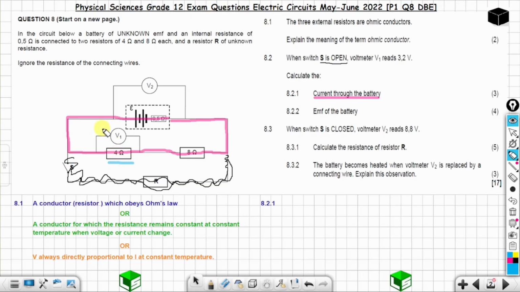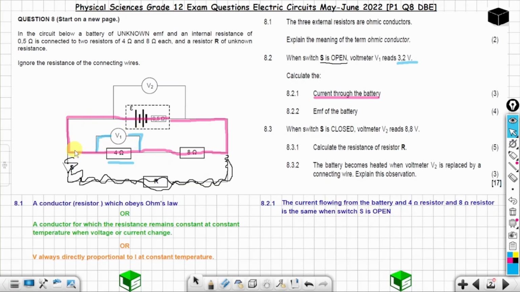So you can use the information that you have on this resistor. Since you have enough information, you know the resistance and you know the voltage. You are told voltmeter V1 reads 3.2 volts. So the voltage across this resistor is 3.2. Okay, so the current flowing from the battery and 4 ohms resistor and 8 ohms resistor is the same current when switch S is open.